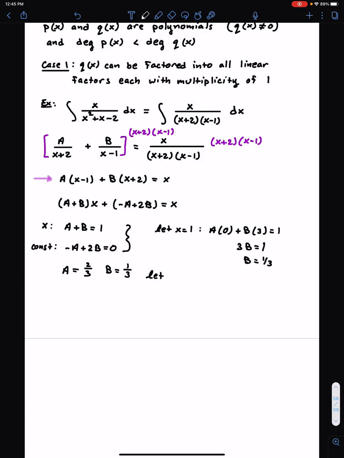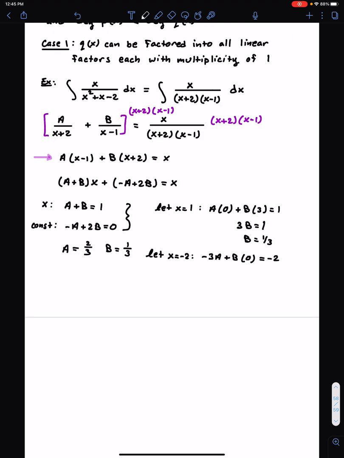If I choose x to be negative 2, and I chose negative 2 to make this term a 0. So if x is negative 2, I end up with negative 3a plus b times 0 is equal to negative 2. So negative 3a is negative 2, so a is equal to 2/3.